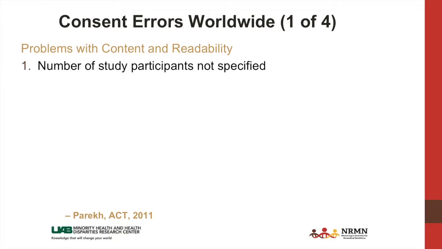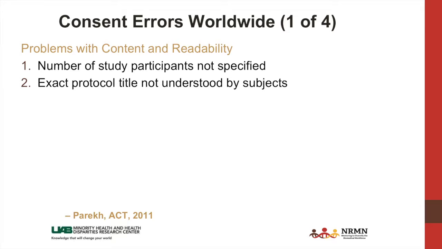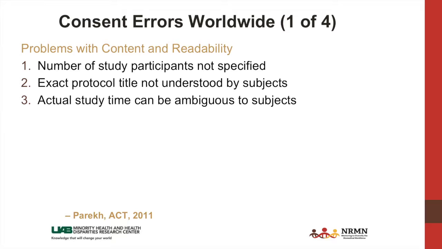Content, for example, number of study participants sometimes are not specified. Exact protocol title are not necessarily understood by the subjects. They don't have a clue as to what this is all about because of the way it was presented on the informed consent form. The actual study time can be quite ambiguous to the subjects.